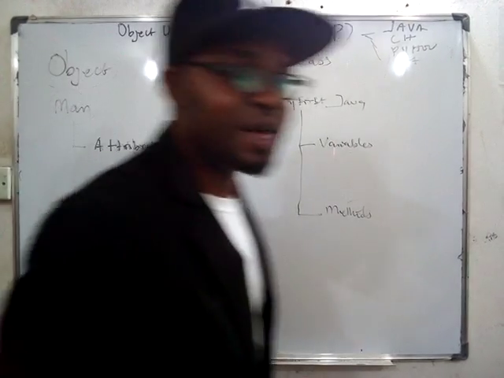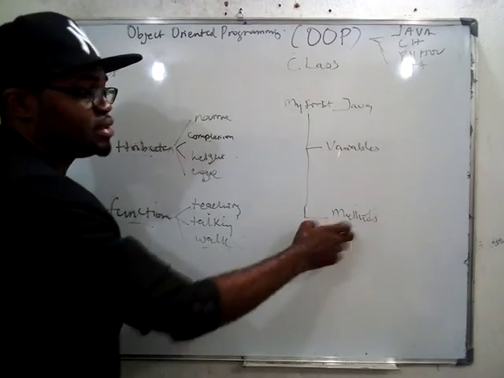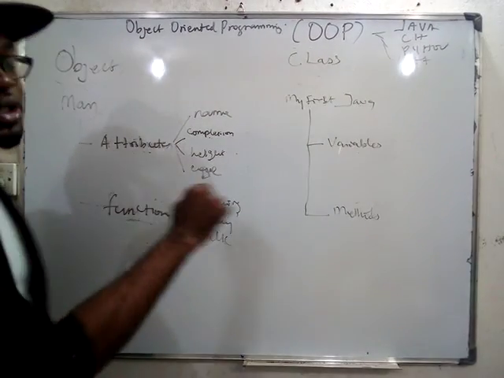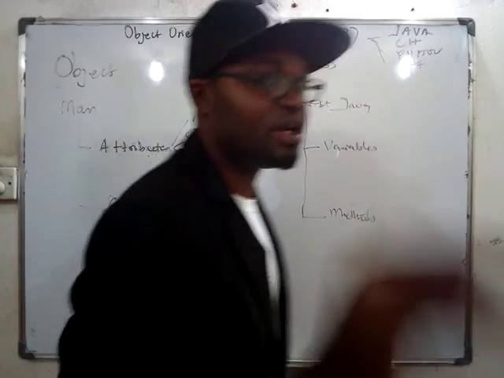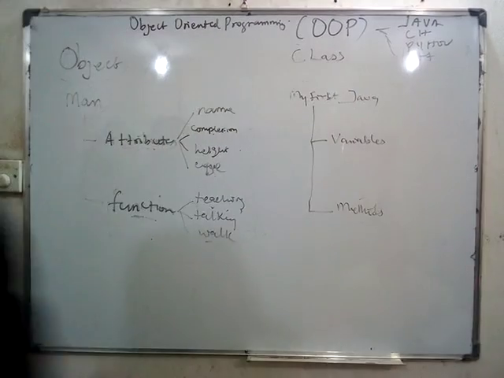So when we write Java code, we will write variables and methods. Variables simply mean the attributes of that software, whereas methods are the functions of the very software you're writing. Is that clear?